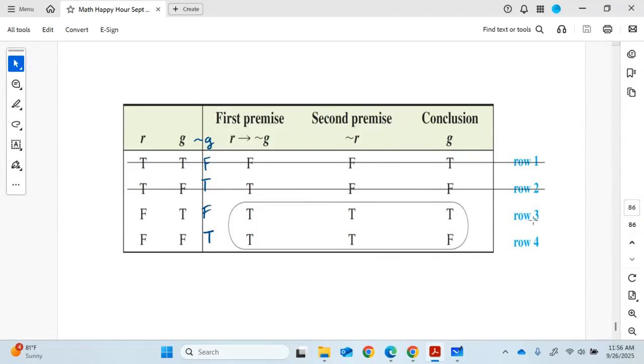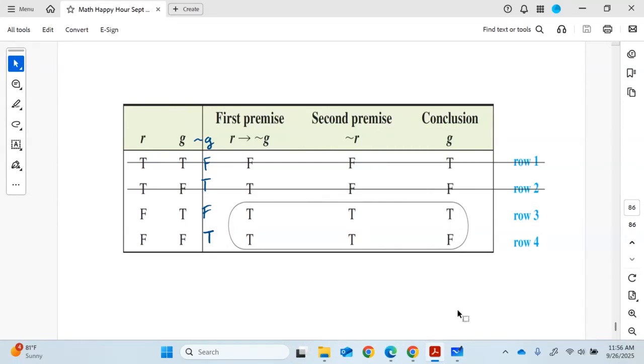Well, this indicates that this argument is not valid. Even though when I read it, it sounded like a reasonable argument, this is an invalid argument because of that.